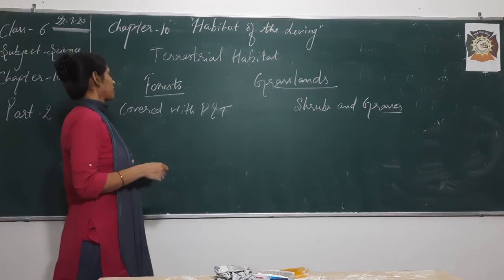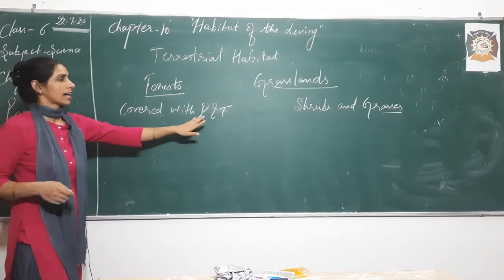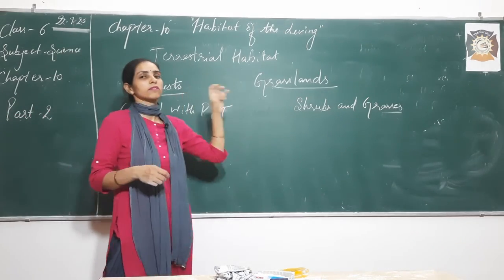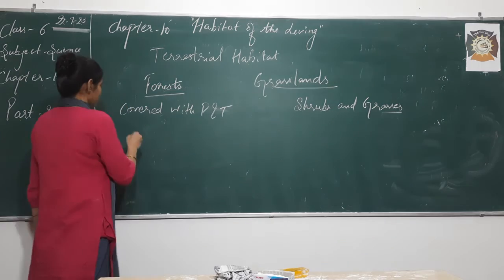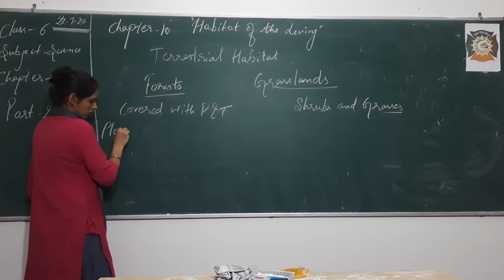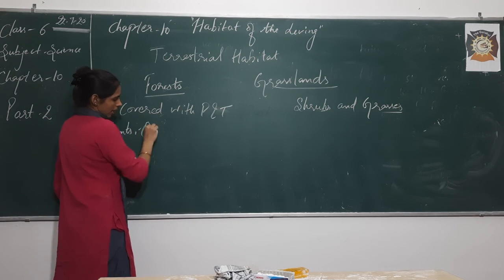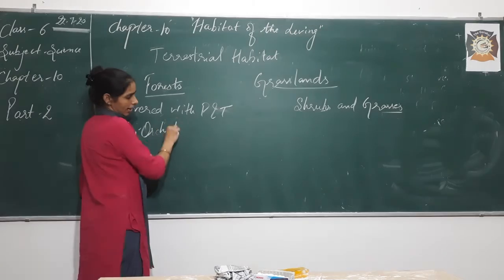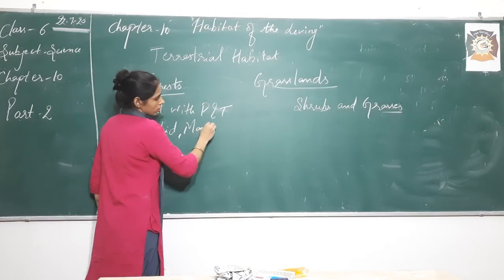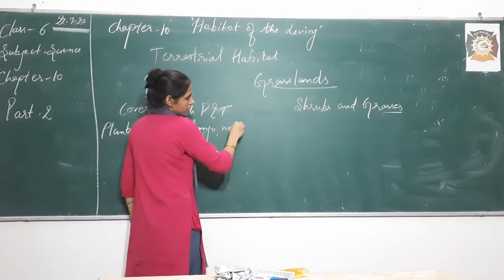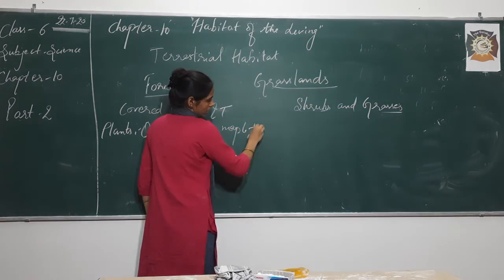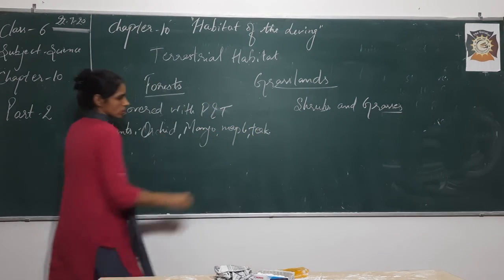Here, if we talk about the various plants and trees living in the forest habitat, firstly let's talk about the plants. We have orchid, mango, maple, teak, and so on.